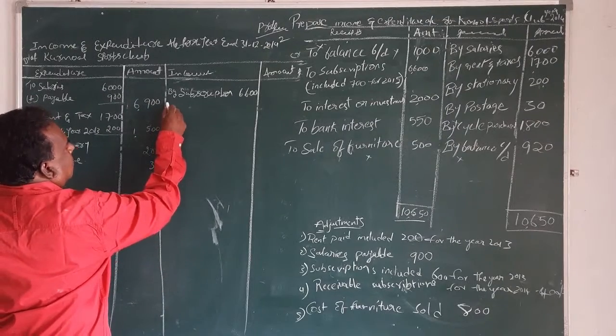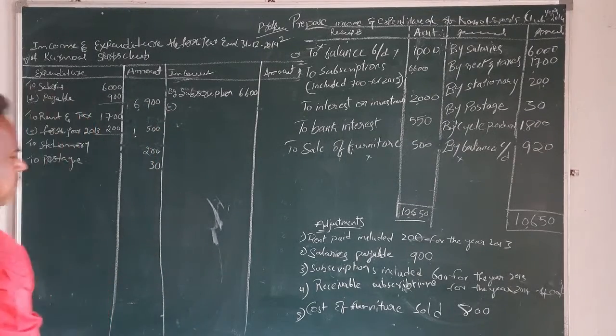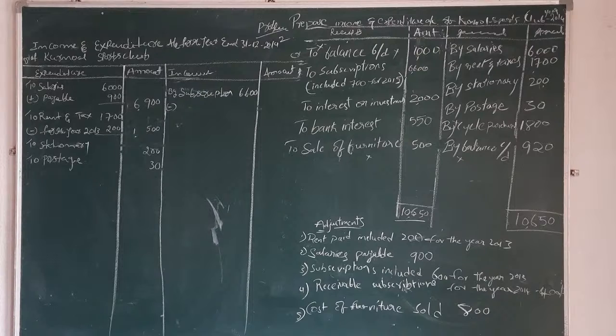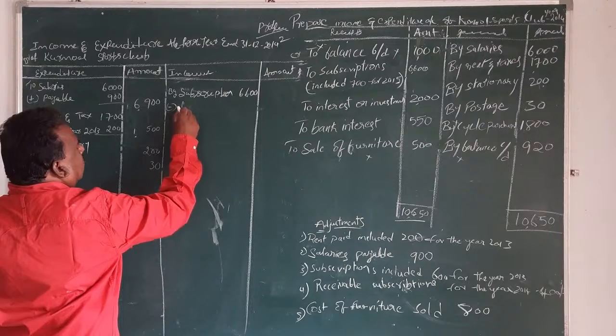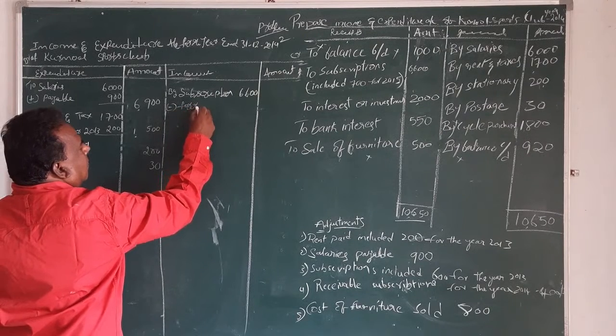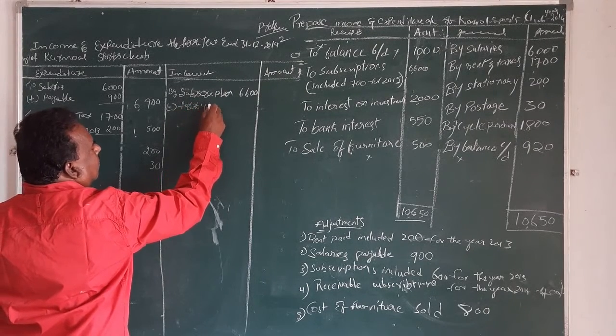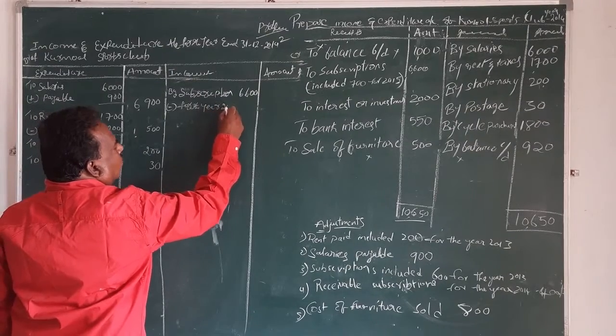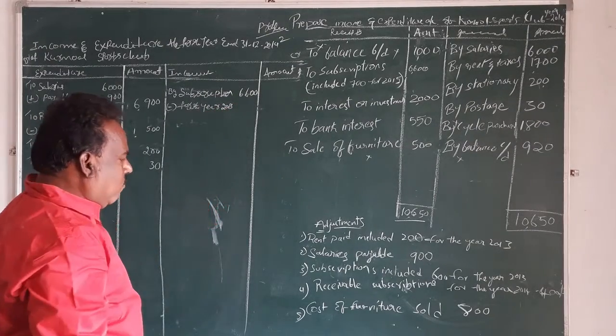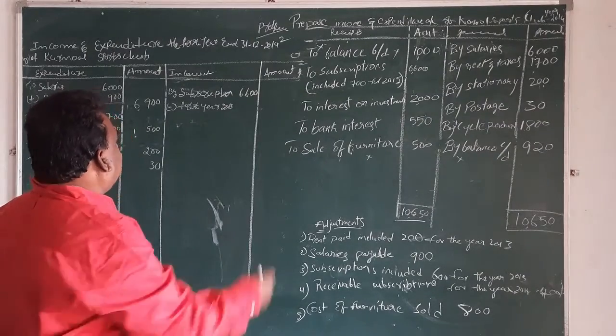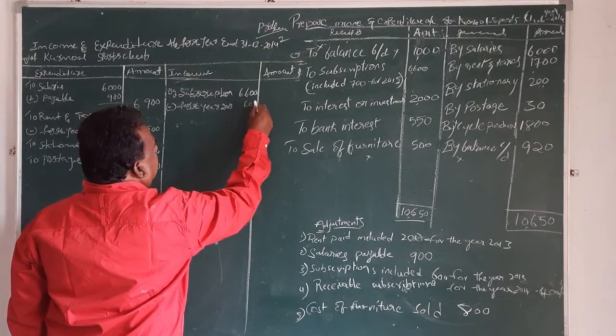Minus for the year 2013, 600 must be deducted.